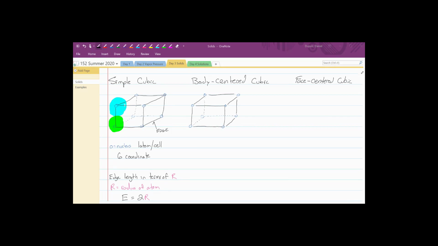Now I'm drawing it as a different color just to show. Then we have one nuclei right in the middle, so in the center of the body.